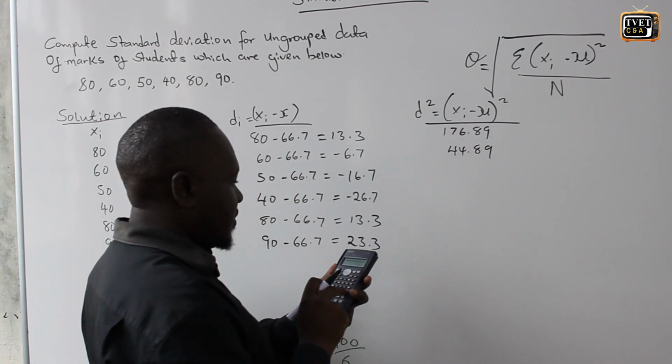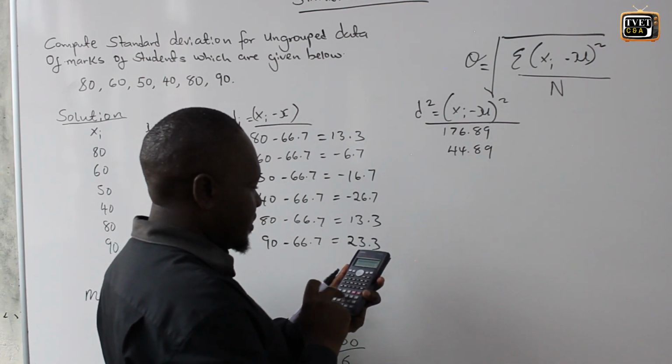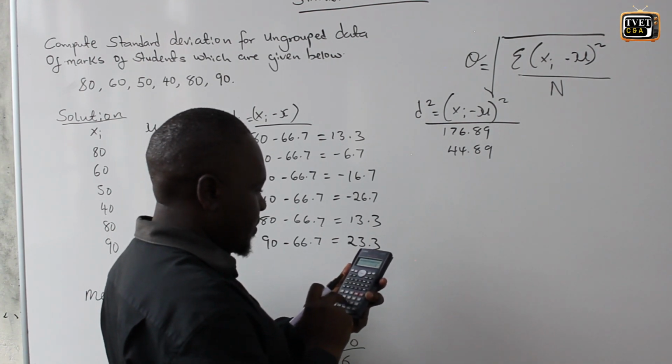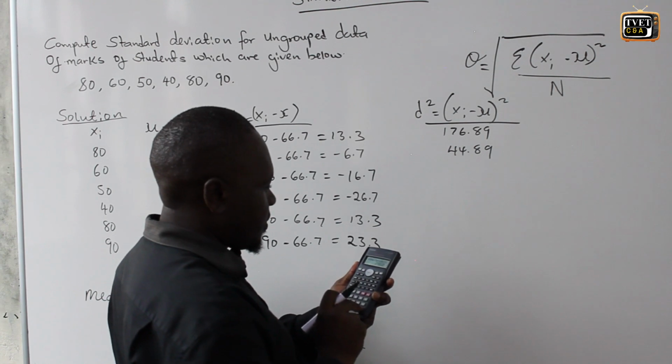Likewise, negative 16.7 squared gives 278.89.